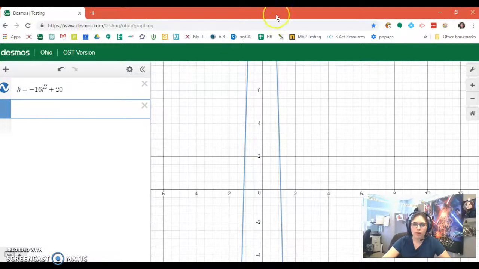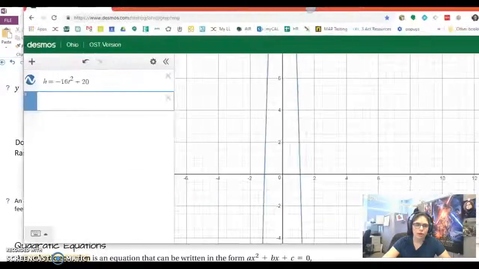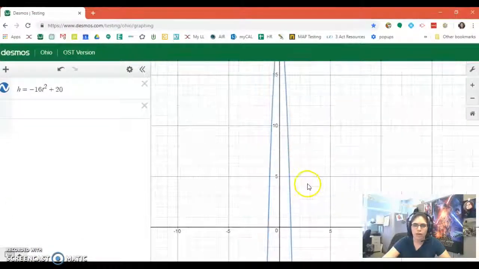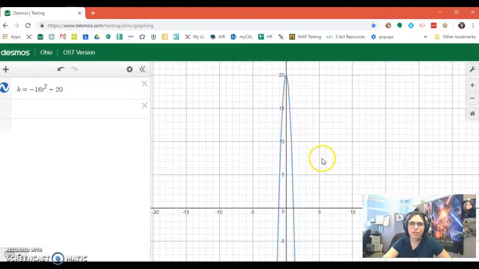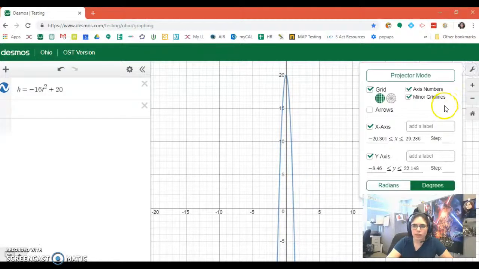So once I graph this, the first question is, what is the graph of the quadratic function? Well, done. And also, this one's really, really steep, and maybe not the best way for me to look at this. So something that I can do is click on this little wrench. Now, my x's are okay, but my y-axis is really smushed together. So I want to see less, nope, other way around.